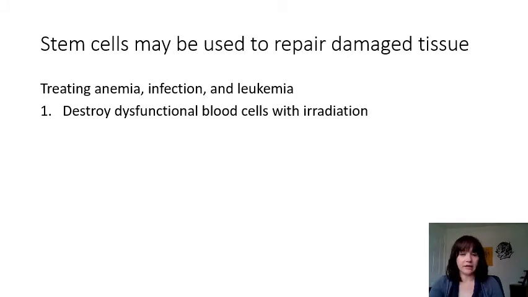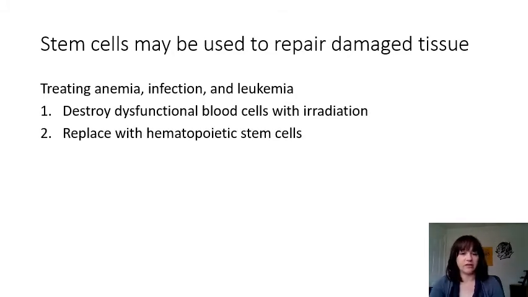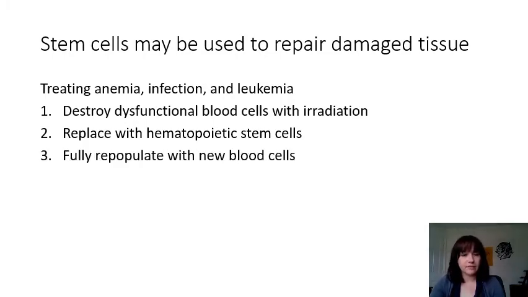Typically irradiation is used to destroy the damaged blood cells. A bone marrow transplant is performed, and the bone marrow is where the majority of the stem cells for the circulatory system reside. These new blood cells, as I said, are going to have a significant proportion of stem cells in them.